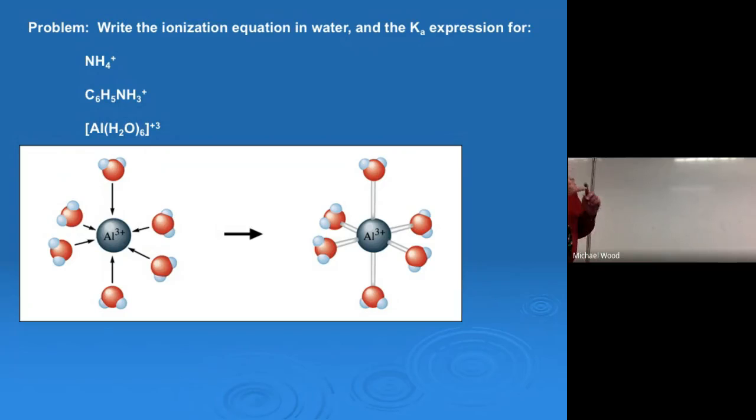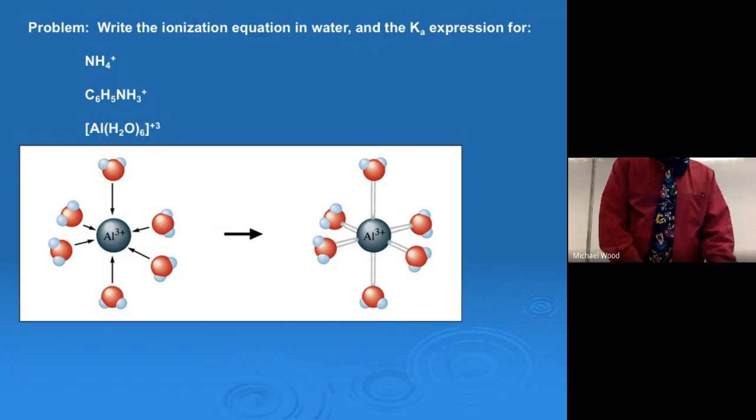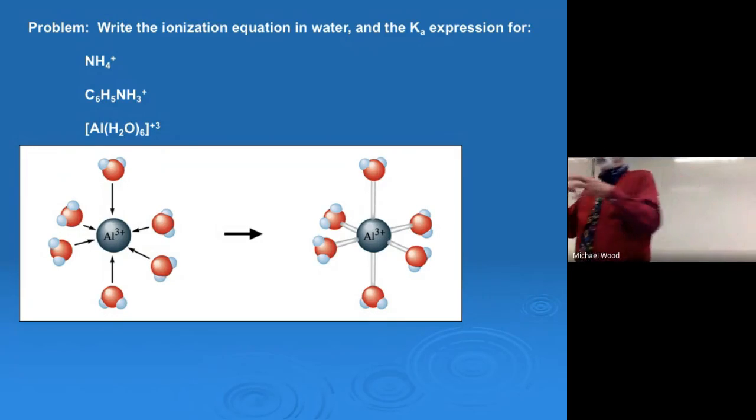So we're going to write out the ionizing equation, and Ka goes back to the same K that we had back in chapter 13, which is equilibrium constant. The A just indicates that it is an acid.